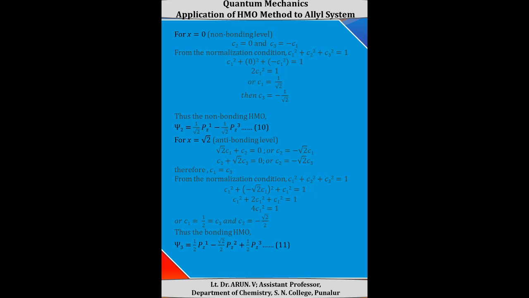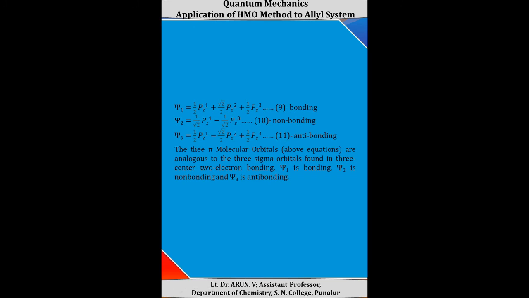Therefore, by applying the normalization conditions, c1 square plus c2 square plus c3 square is equal to 1, and writing c2 and c3 in terms of c1, we get c1 square is equal to 1/2, or c1 is equal to 1 by 2 is equal to c3, and c2 is equal to minus root 2 by 2. Therefore, the corresponding antibonding Huckel molecular orbital psi3 is equal to 1 by 2 pz1 minus root 2 by 2 pz2 plus 1 by 2 pz3.